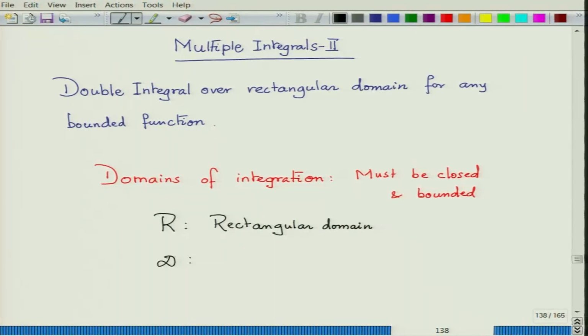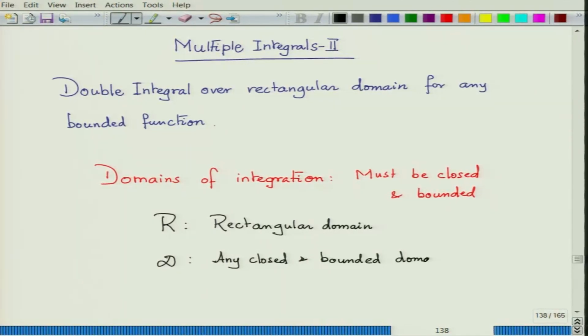And D is any closed and bounded domain. This is very important to keep in mind, these two symbols that I am writing down, because that is what I will follow through.